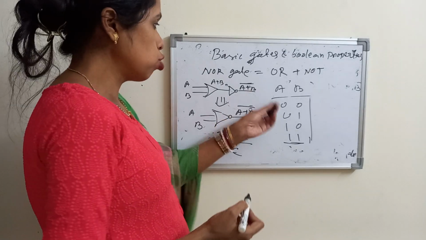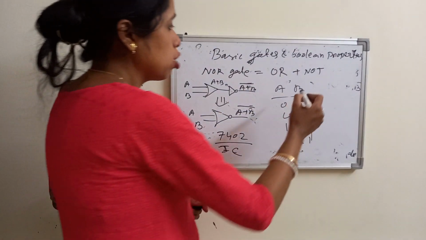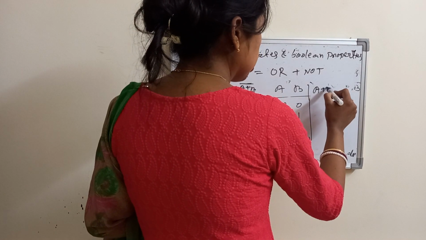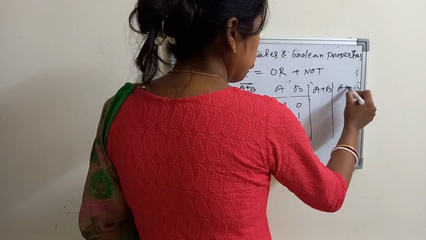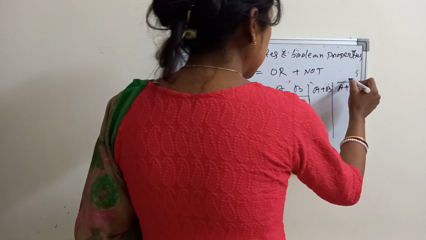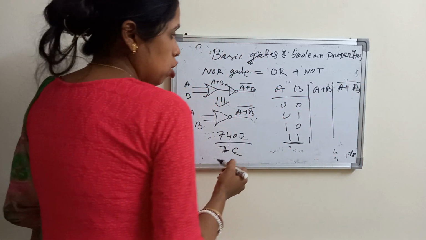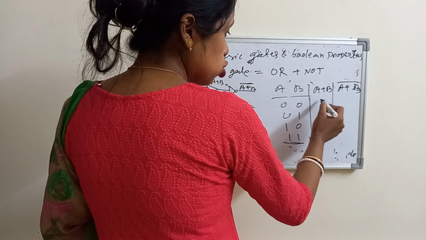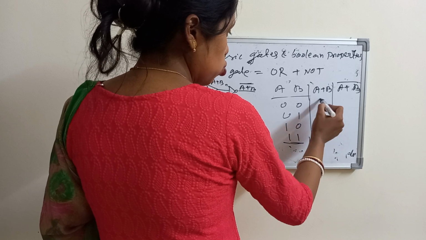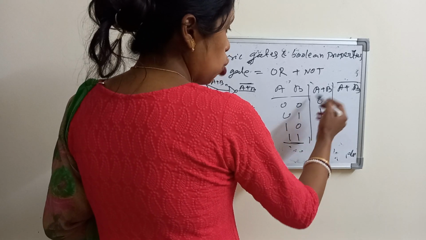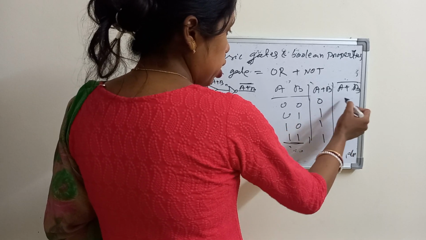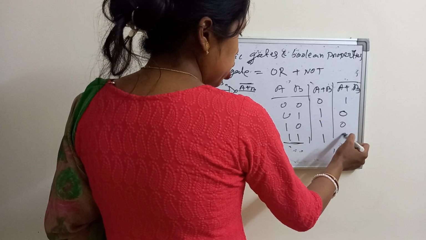Here also the same 4 combinations are there. First I am writing A plus B. Now I am writing the complement of A plus B. This is the output of the NOR gate. For the OR gate, if any input is true, the output will be true. Just complement each number. This will be 1 and this will be 0.